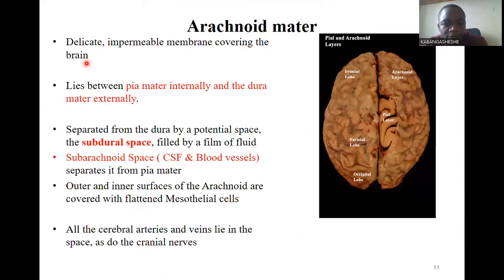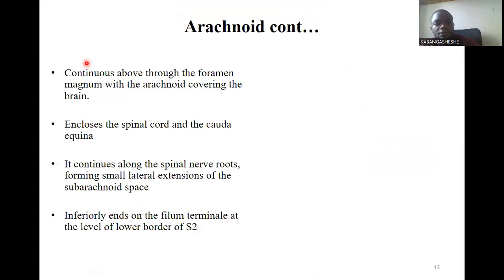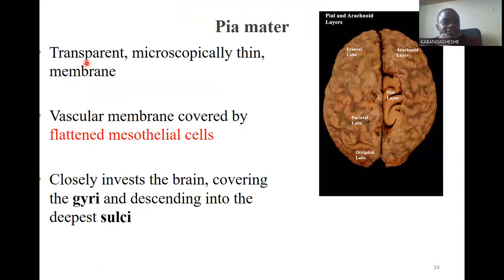All right, so we look at the pia mater. We're saying it's transparent and very thin, composed of mesothelium. Mesothelium is simply epithelial tissue composed of simple squamous cells, and this covers cavities as membranes.